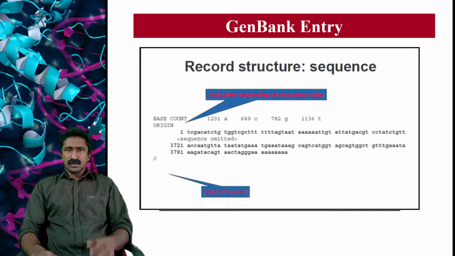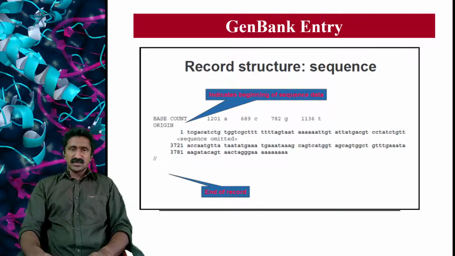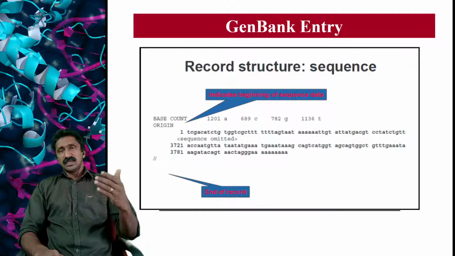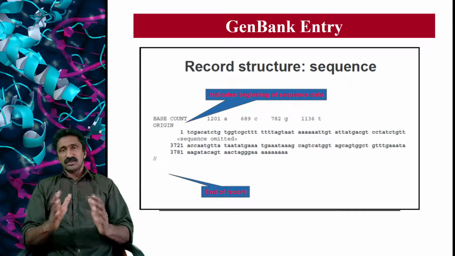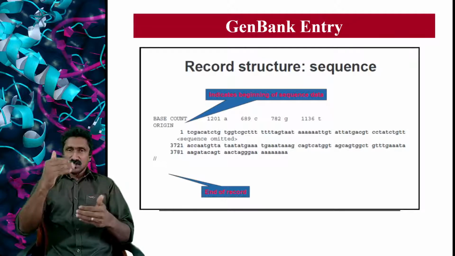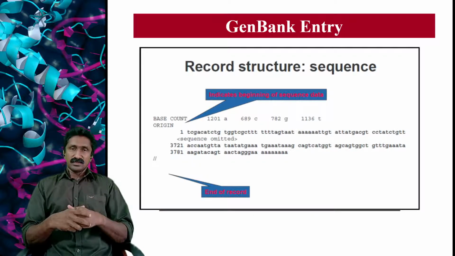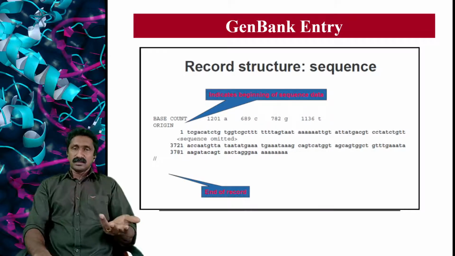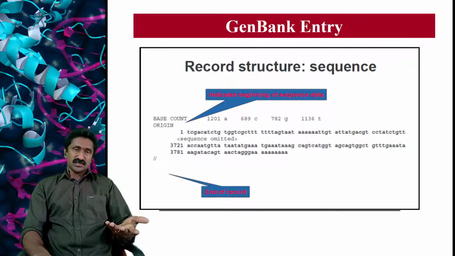The actual sequence is present at the end, and it is closed with a double slash, that symbol being the end of the record. That means that's the end of the concerned flat file record. So this is how a flat file entry is kept in GenBank, which contains all the sequence and related information.